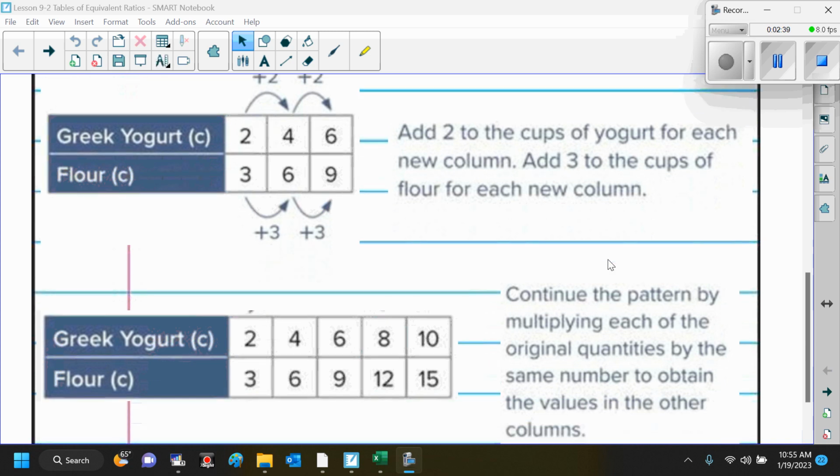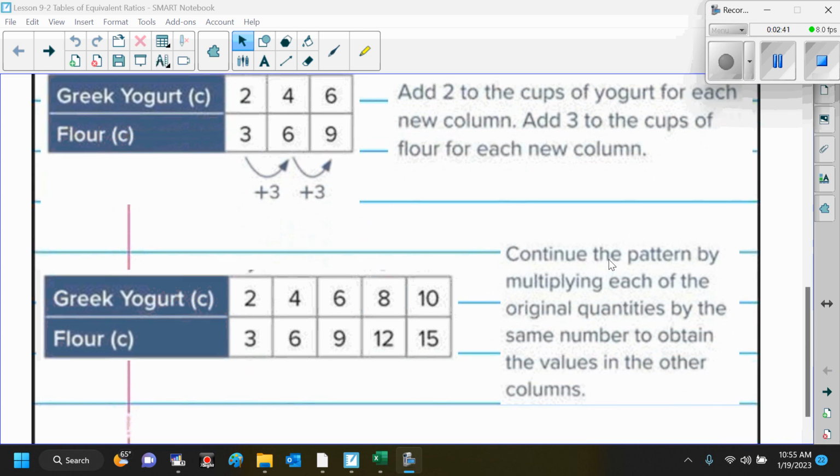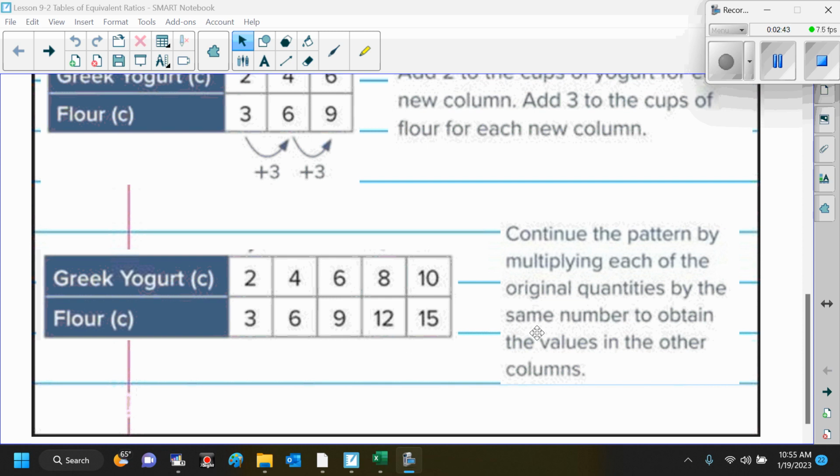Now, the majority of the time, we're going to use this method right here, okay? We're going to use the scaling to create equivalent ratios. It says, continue the pattern by multiplying each of the original quantities, okay?